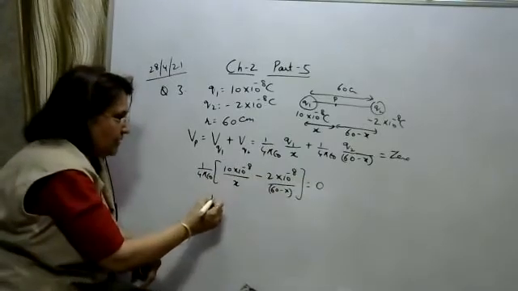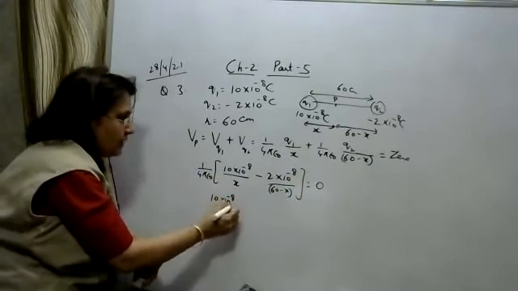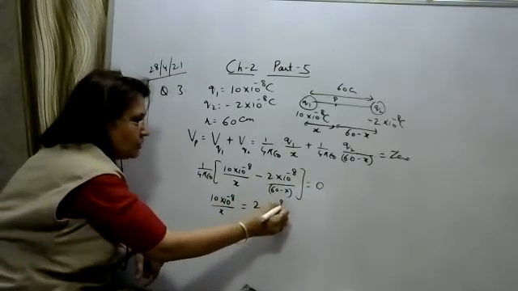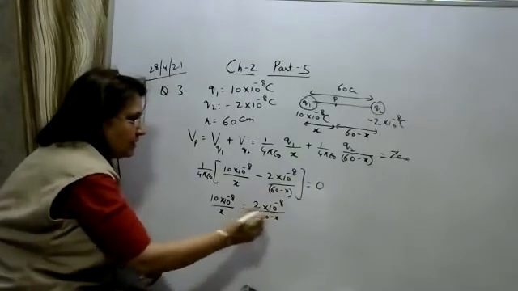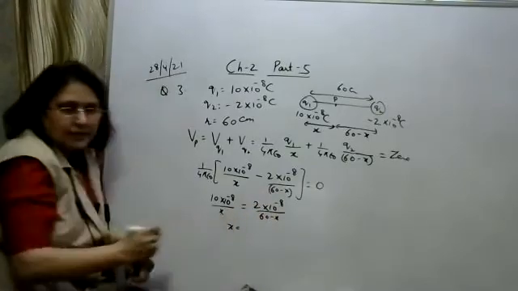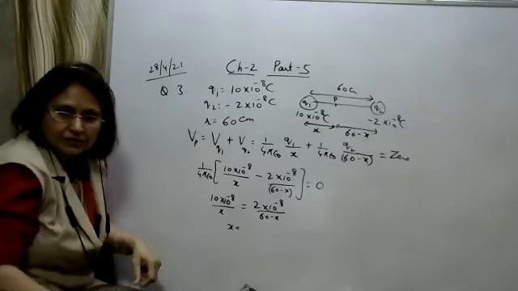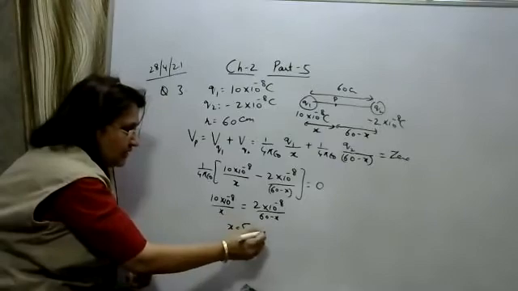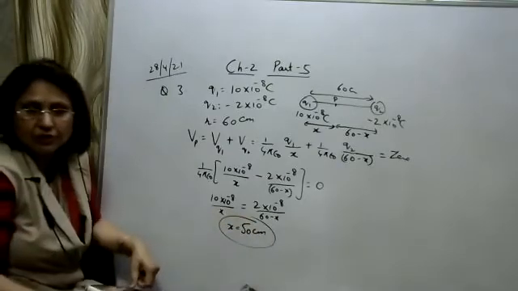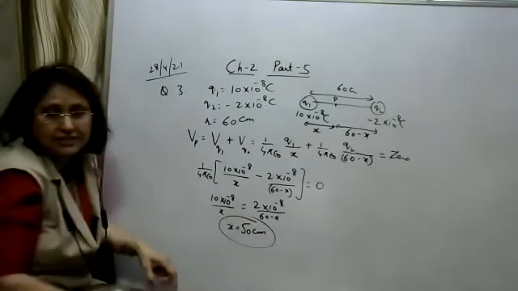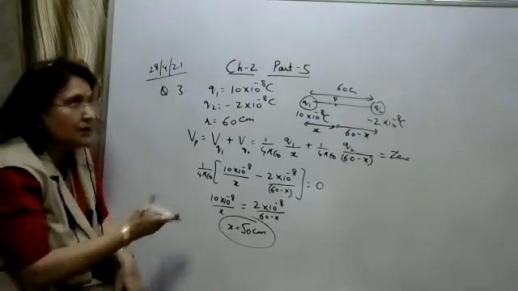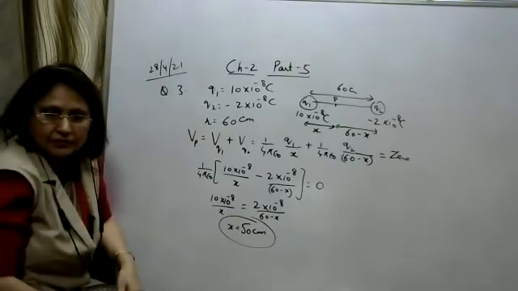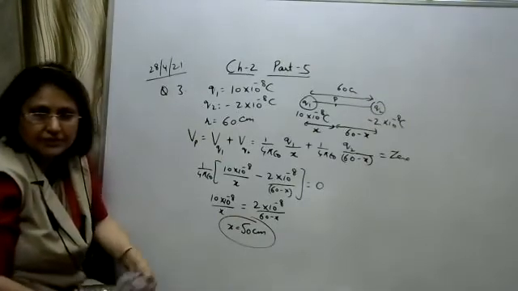You can simplify: 10 into 10 raised to the power minus 8 upon x is equal to 2 into 10 raised to the power minus 8 upon 60 minus x. So here x you can determine. On simplifying, x is equal to 50 centimeters. So at 50 centimeters from the first charge. From the other charge, it would be 10 centimeters.